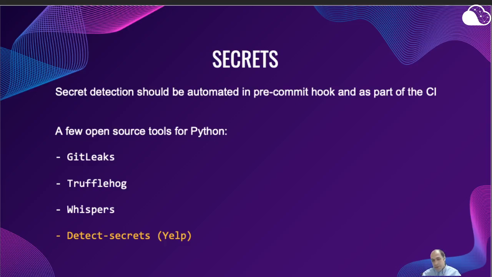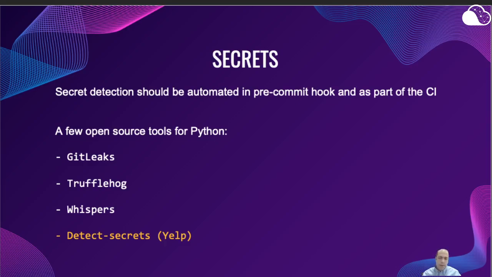So make sure that you use some secret detection tool as part of your pre-commit hook or as part of your CI process. And let me show you how you can easily integrate one of the open source tools that has been developed by Yelp called Detect Secrets in order to detect those sensitive values as part of the CI pipeline.